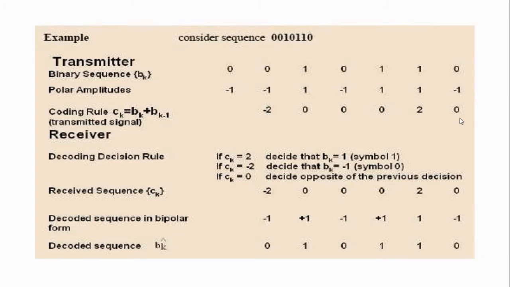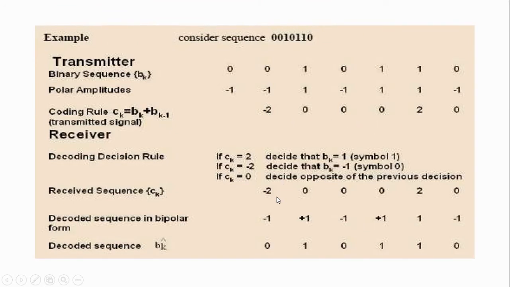At the receiver side, the decoding decision rule is: if Ck is equal to 2, then Pk is equal to 1. If Ck is equal to -2, it decides that Pk is equal to -1. If Ck is 0, then it decides the opposite value of the previous decision. Now the received signal is -2, 0, 0, 0, 2, 0.